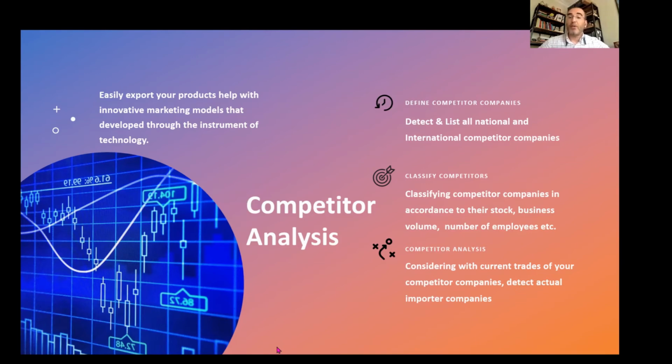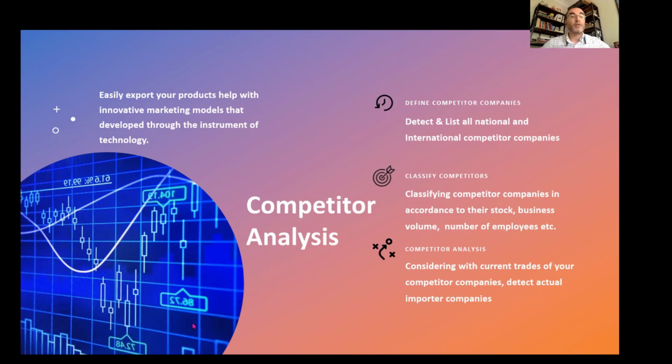And while we make competitor analysis, we follow some sub processes. Firstly, we define them. After, we classify them, because we know that not all of our competitors are really competitors, because maybe they are quite bigger manufacturers than us, and we know that maybe we cannot have a chance if we work their customers.